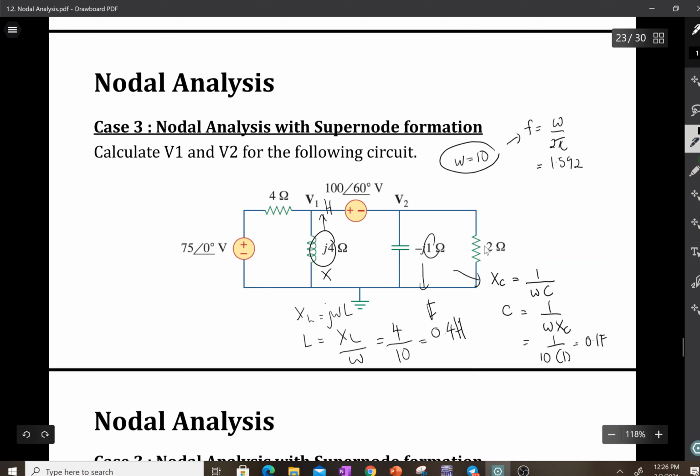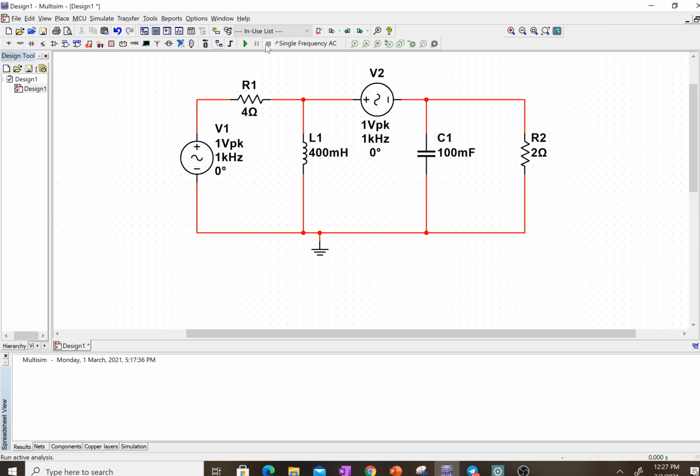Or also you can measure V2 at the resistor, since these two are in parallel. Okay, so parallel voltage should be the same. So maybe we can add a probe here. So just select this one, and then the other one add here.